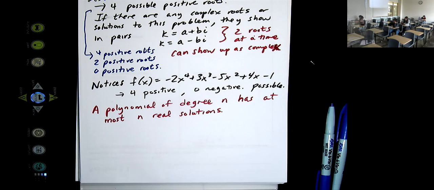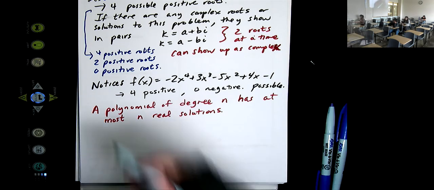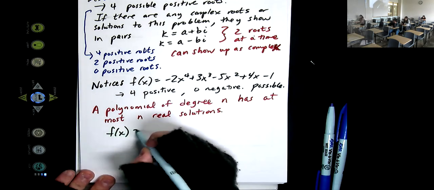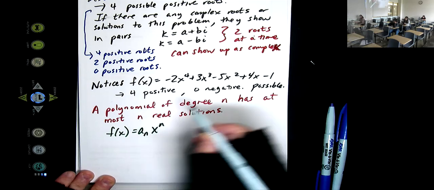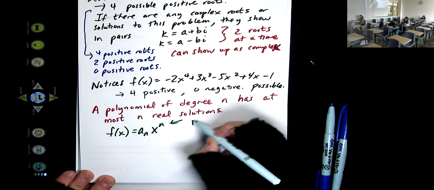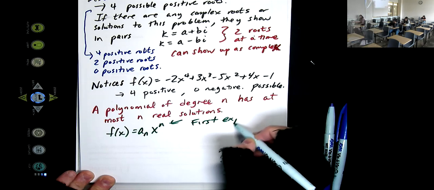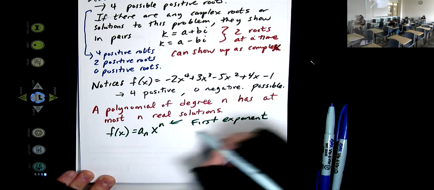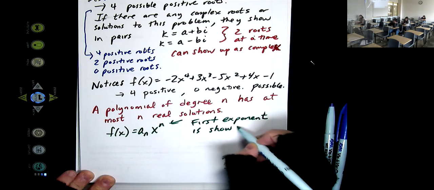So, how do we check it? If you've got f of x equals a sub n, x to the n, whatever the first exponent is, shows the maximum number of answers.